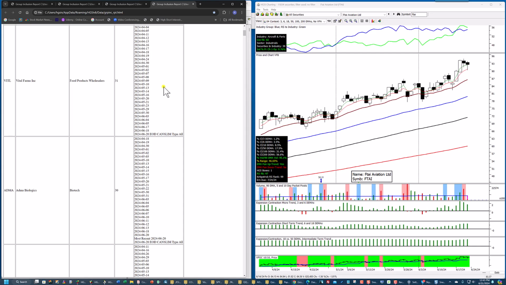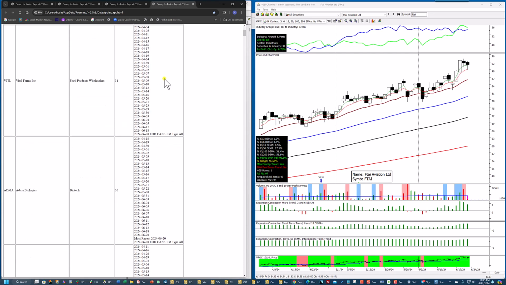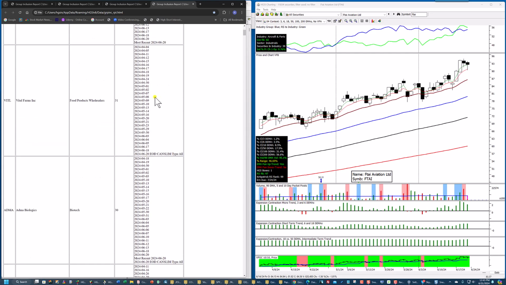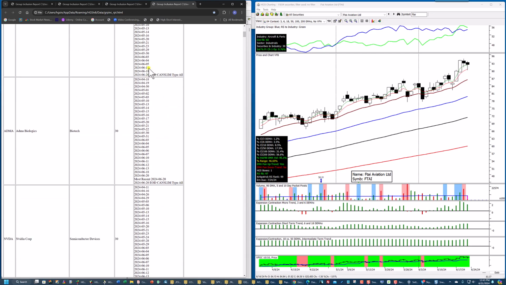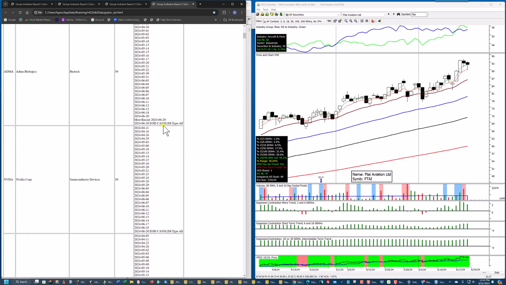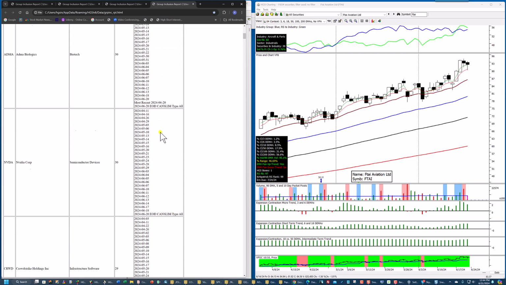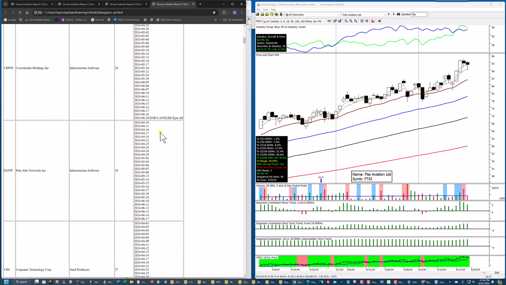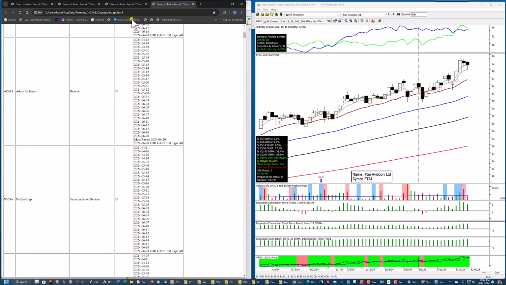Okay, so this one, FTAI, is not a CanSlim stock, where earnings and revenue growth are both 20% or above. Vital Farms is on 620, it appeared there. But you can see that some of these are, I think I clicked the wrong thing.